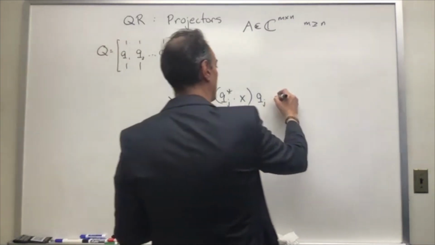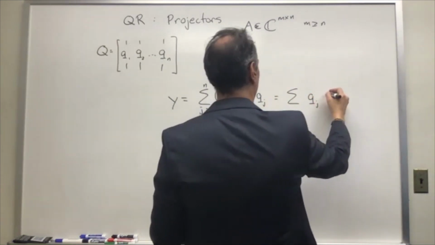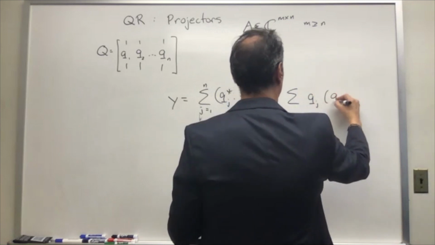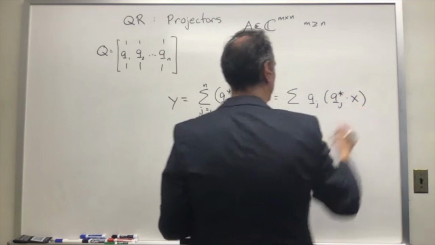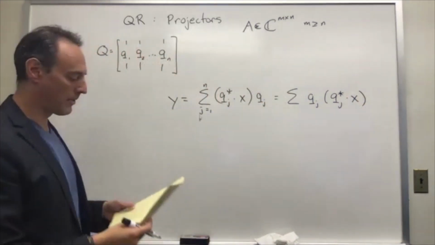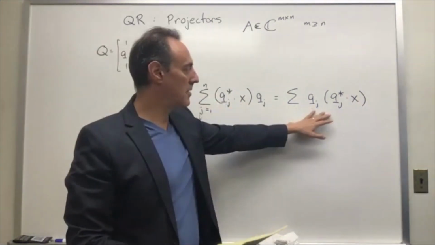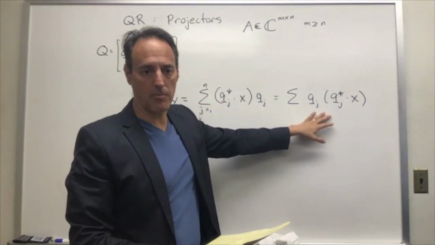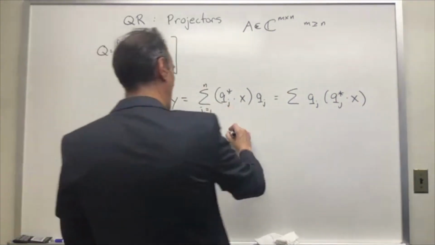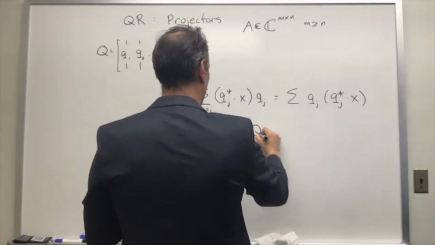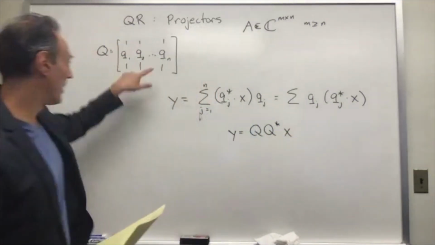Now what I'm going to do is rewrite this a little bit. The reason I'm going to rewrite this is I can take instead the q of j to the other side, and I have q of j star dot x. What I can actually do is create sort of an outer product structure, where I write this whole thing as y is equal to q star x, where that's what q is.